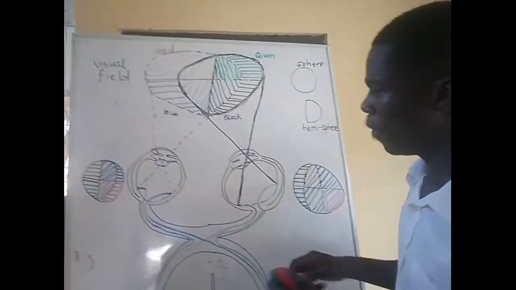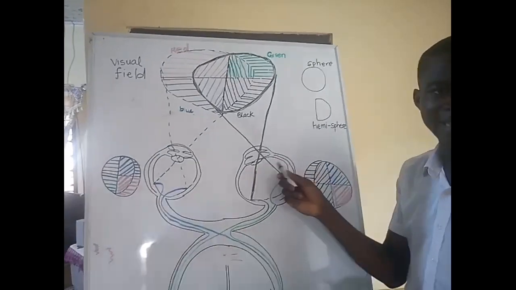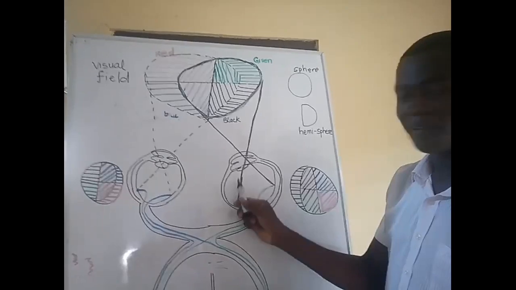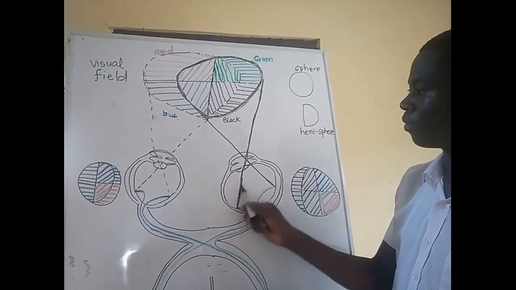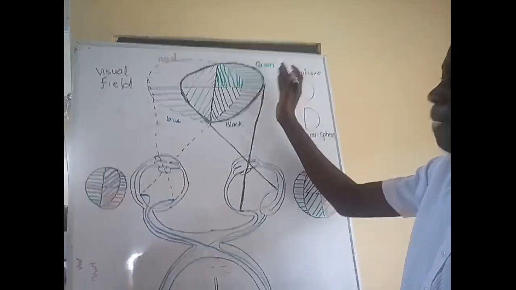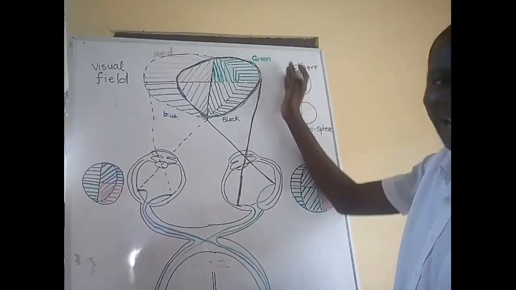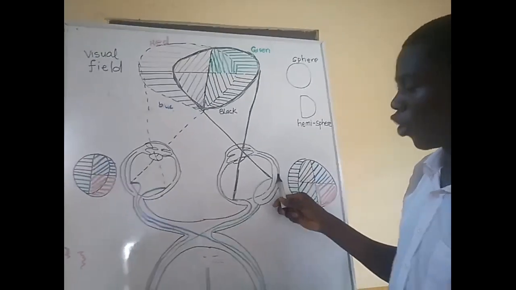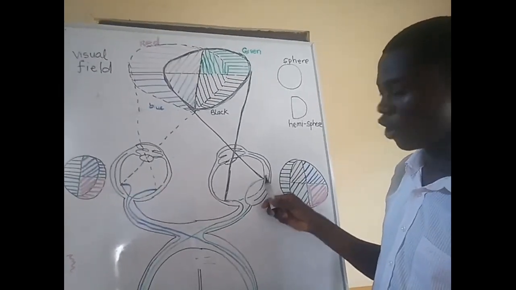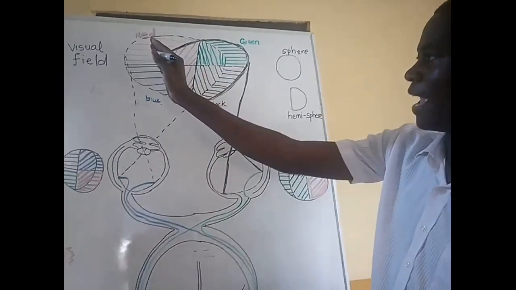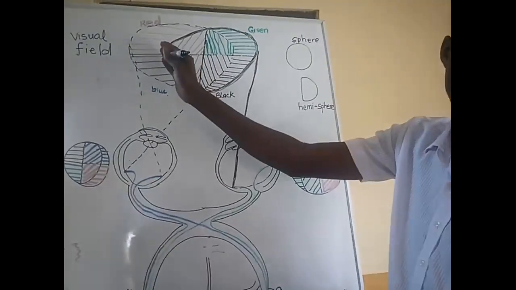Now, when we take the right eyeball, the left side of the retina of the right eyeball perceives a hemifield that is towards the lateral side, and then the right side of the retina of the right eyeball perceives a hemifield that is towards the left side.